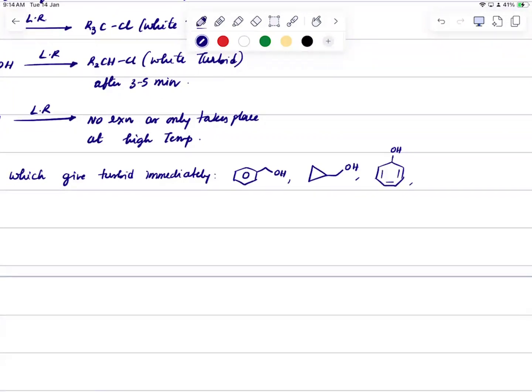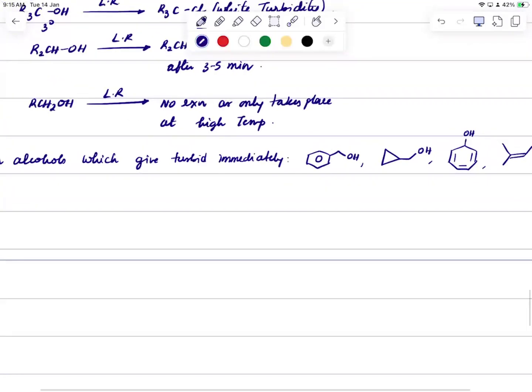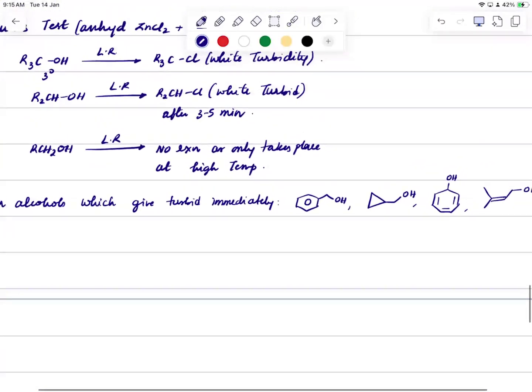Got it? And if you have a very stable allyl form, immediately you'll get turbid. Got it? So if you notice these kinds where there are stable carbocations forming, then also they will give turbid form here. Clear?